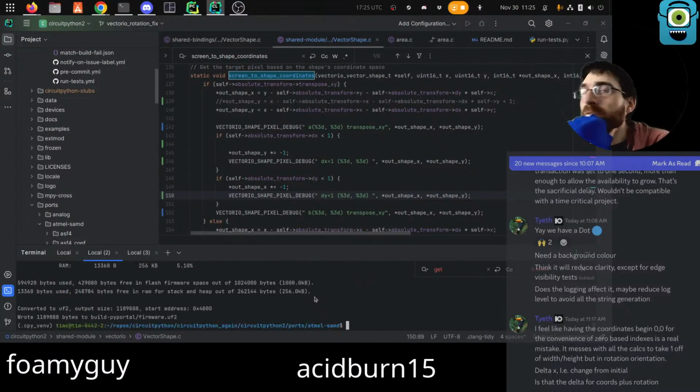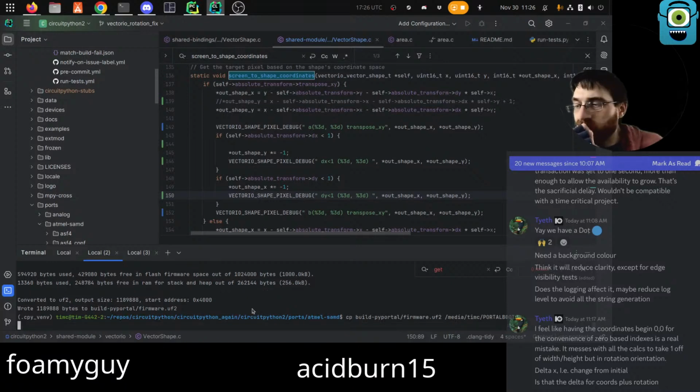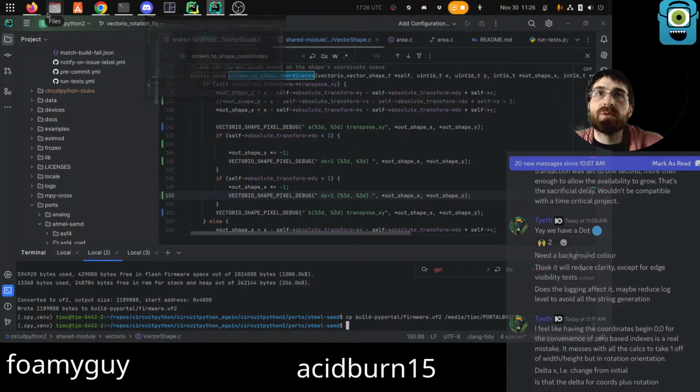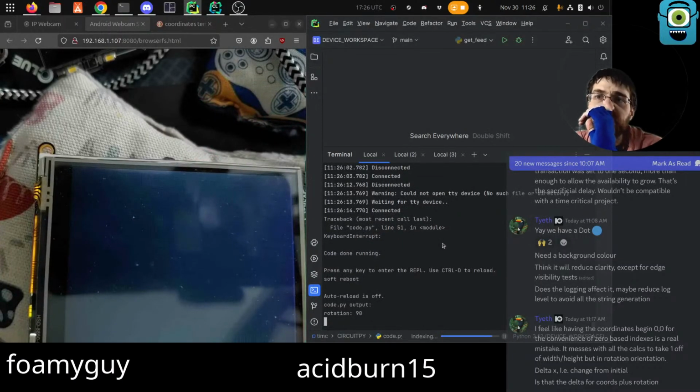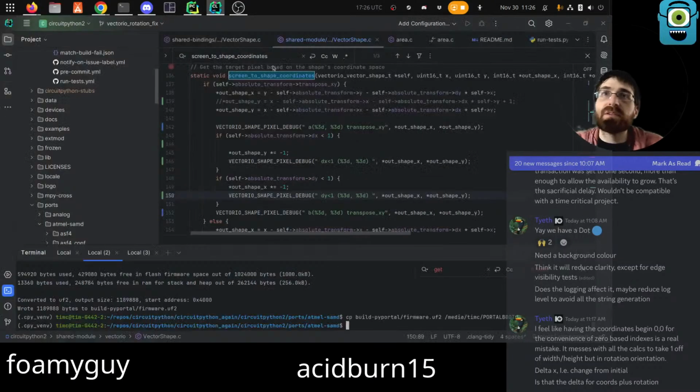Delta for coordinates plus rotation. We'll make a bigger shape here in a minute as well. I feel like I've always seen it as ones, but we've been working on a 1 size thing for a time. I didn't turn the prints back on.